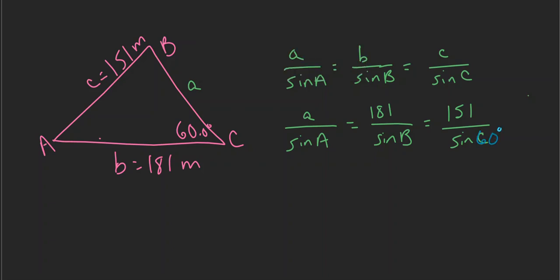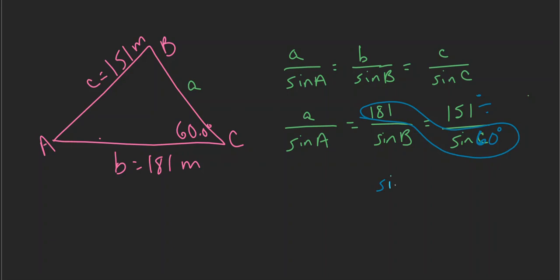This should be 60 degrees instead of C. So we're going to multiply 181 times sine of 60, and we're going to divide by 151. 180 times the sine of 60 divided by 151.